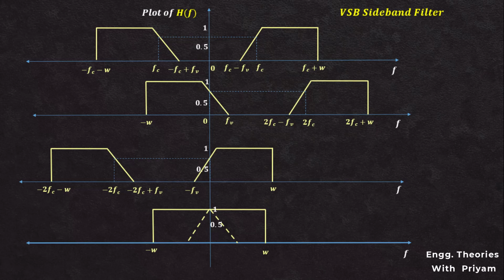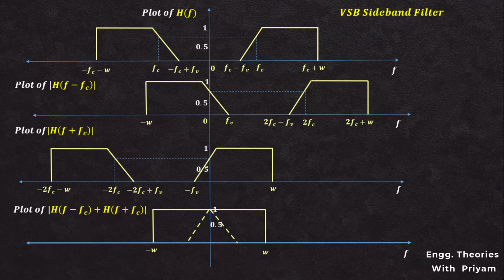The term H(f - fc), which is the positive frequency part of the bandpass transfer function, can be obtained by shifting H(f) by the frequency fc, and the term H(f + fc), which is the negative frequency part of the bandpass transfer function, can be obtained by shifting H(f) to the left by the frequency fc. By adding these two terms, we obtain H(f - fc) + H(f + fc).